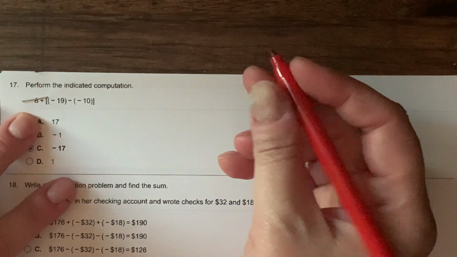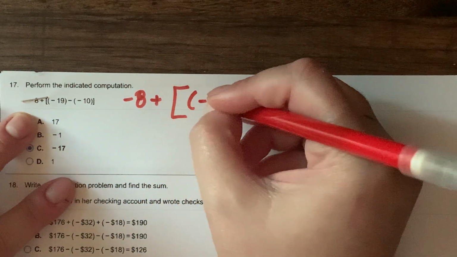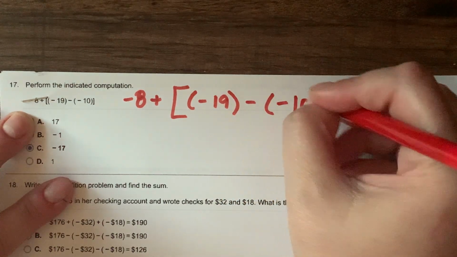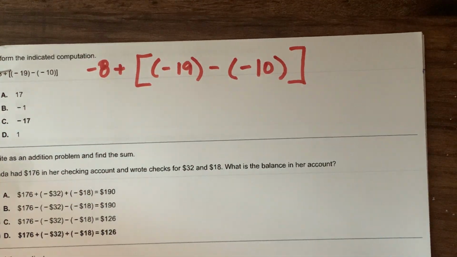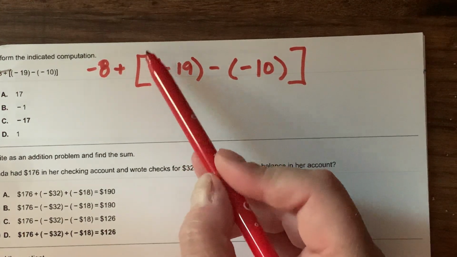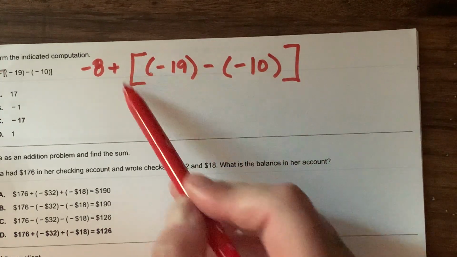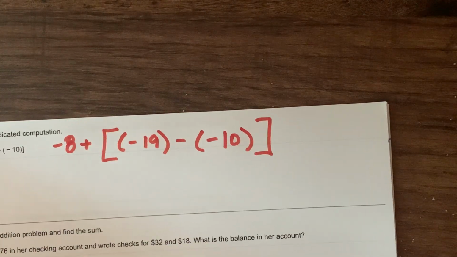All right, another one. Well, I can't really see this, but it says -8 plus bracket. And these square brackets serve the same purpose that a parentheses does. It's just, instead of putting two parentheses right beside each other, they put a bracket to kind of show, hey, this is where the business starts. So that bracket is just like another parentheses. Nothing crazy.